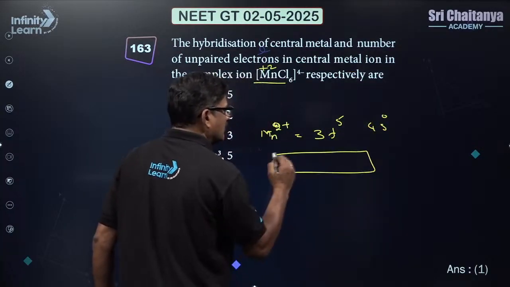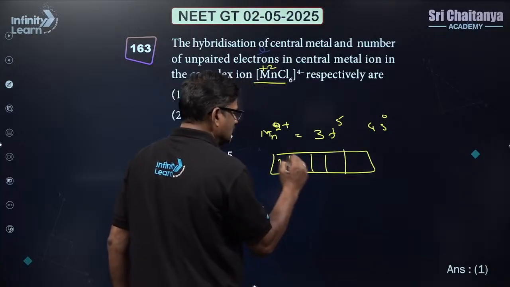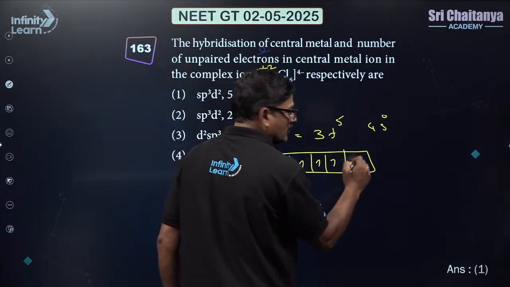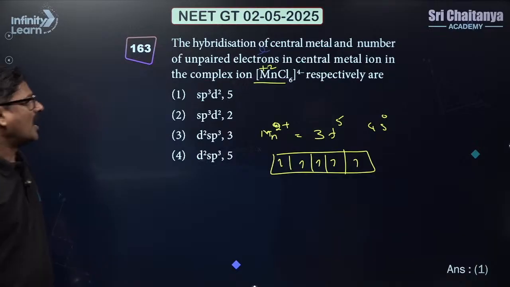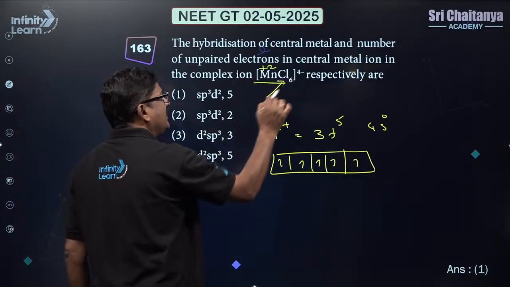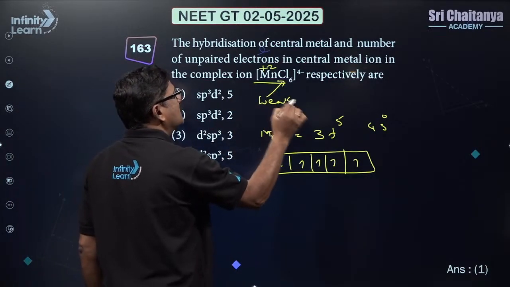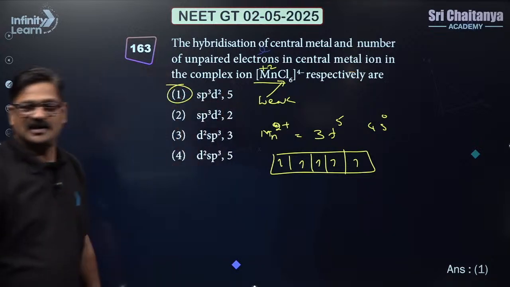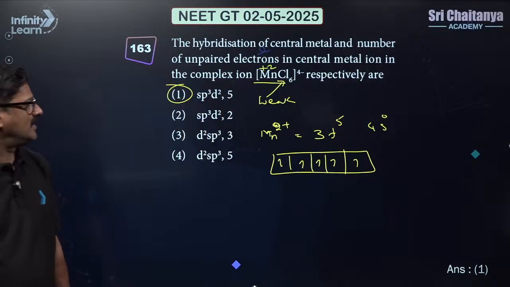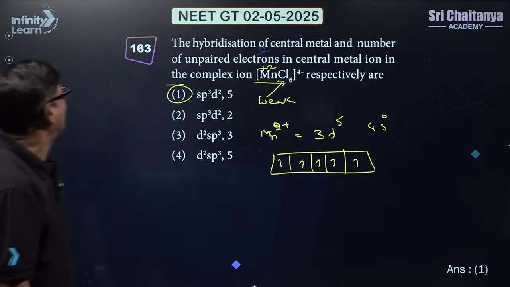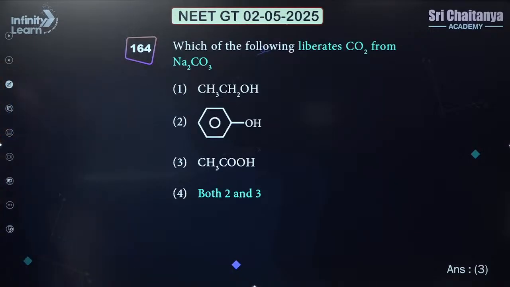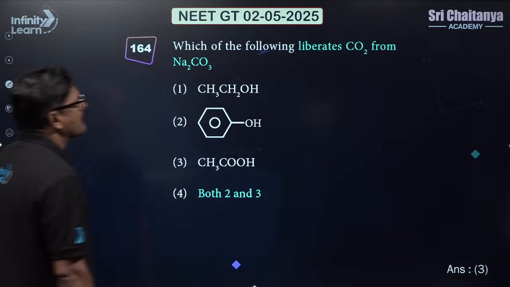So d5 configuration: 1, 2, 3, 4, 5. So it is an outer orbital complex, weak field ligand, sp3d2 and 5 unpaired electrons. Are you getting or not? Perfect. And which of the following liberate CO2?